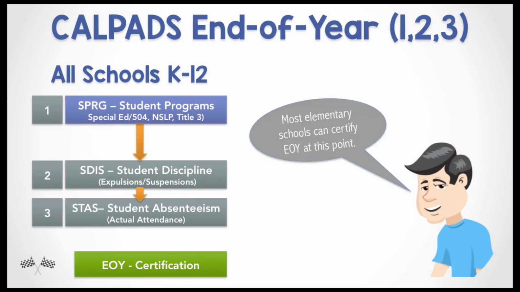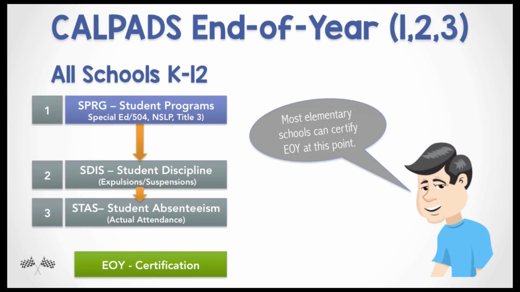The third file is also new in the 2017 cycle, and that's the student absentee file, which is basically recording every day that a student was present in the summary of that data, every day that they were absent with an excuse, and every day they were absent without an excuse, as well as every day that they were suspended or even expelled.